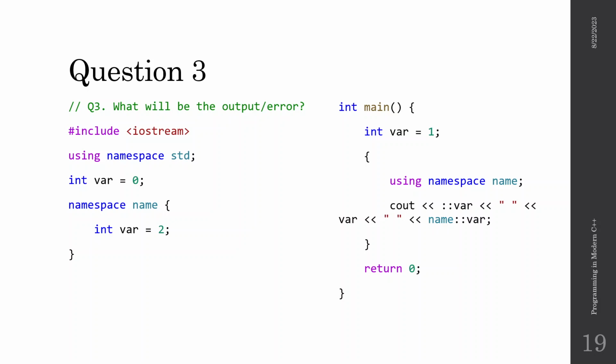Okay, so this question is mainly about namespaces and the namespace resolution operator. So you can see that we have this variable var and it is declared three times. So once we have declared it globally, and once within the namespace called name. Okay, so here we have defined a namespace called name, and then within the curly braces we have defined the var variable again.